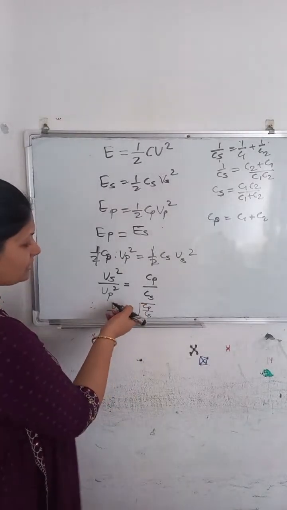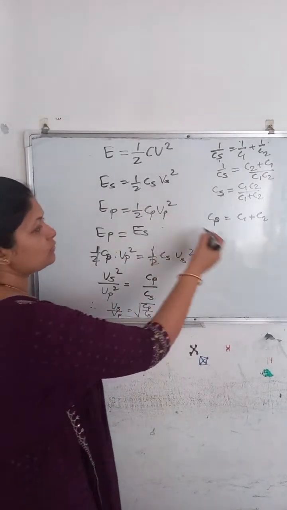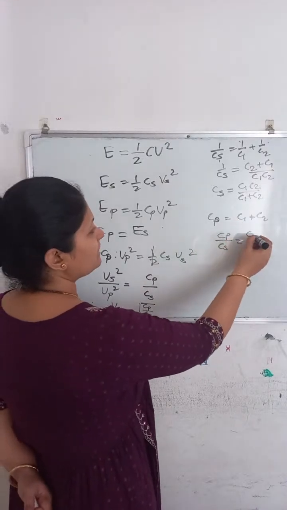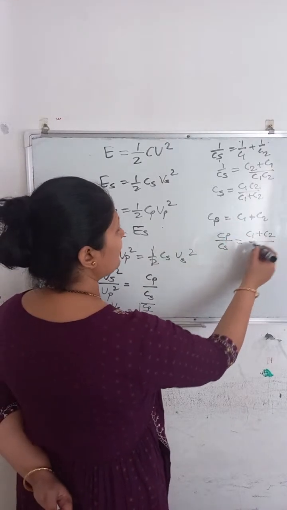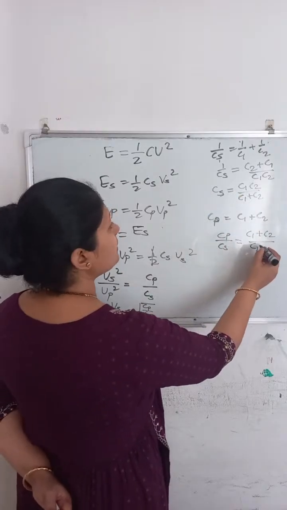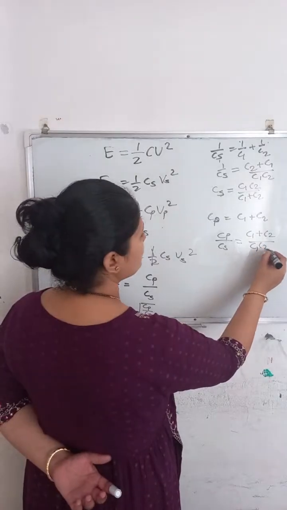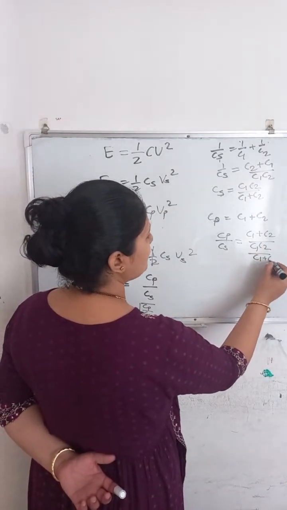Now the ratio is Cp by Cs. Cp is C1 plus C2, divided by Cs, which is C1 C2 divided by C1 plus C2.